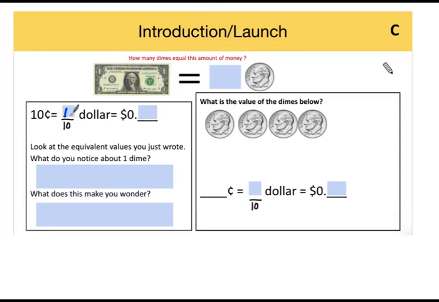If you thought maybe you were dealing with hundredths, well, that's true too. And if we reduce this by dividing top and bottom by a common factor of 10, we would get that 1/10 as well. So we would write this 1/10.